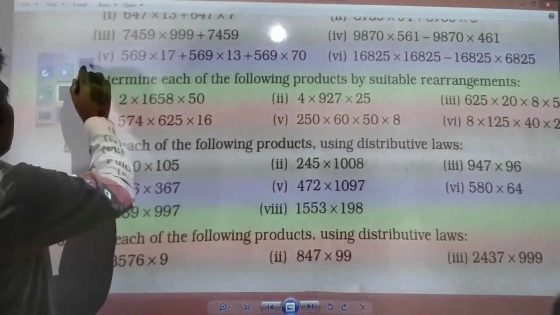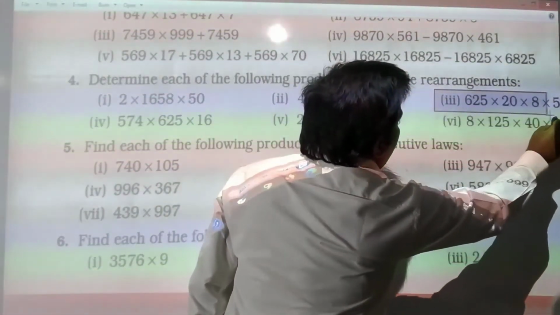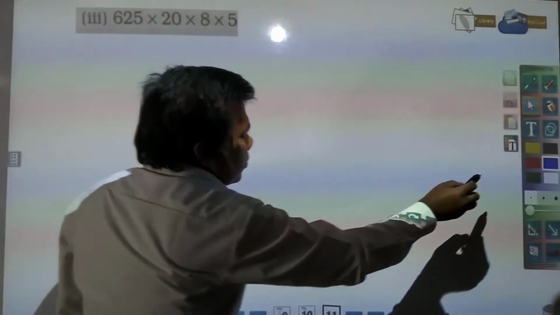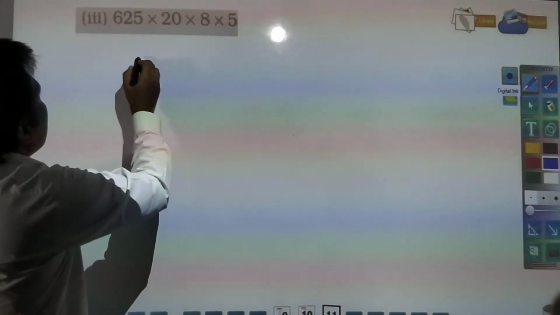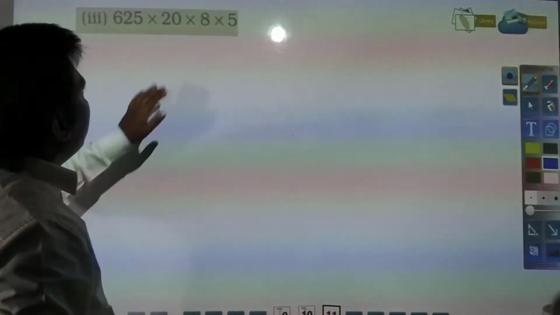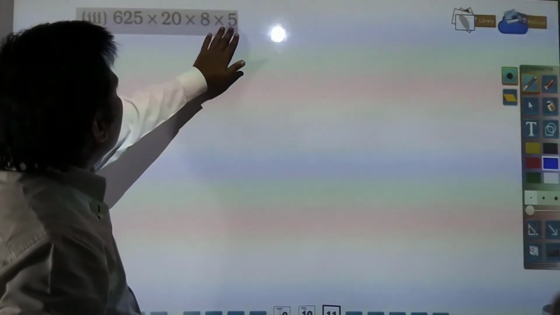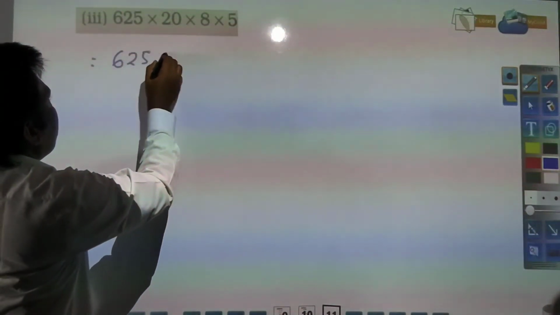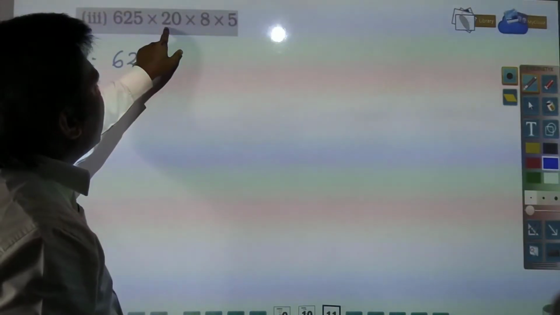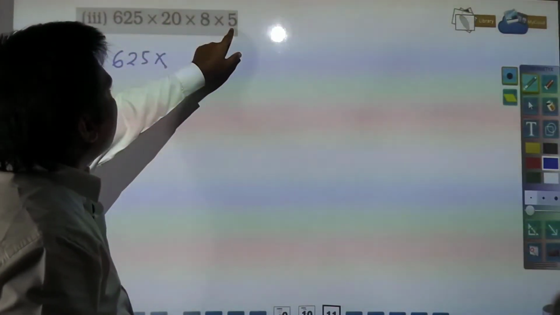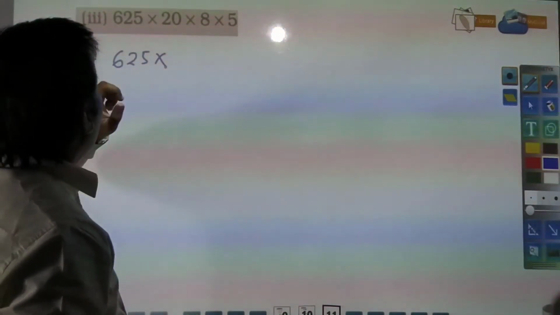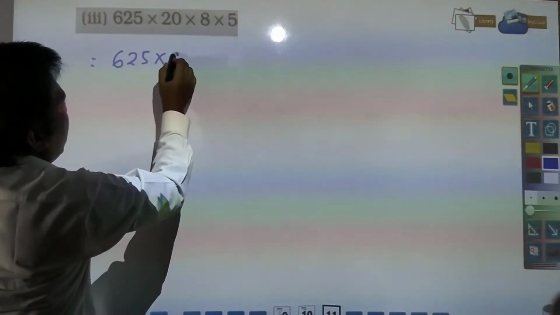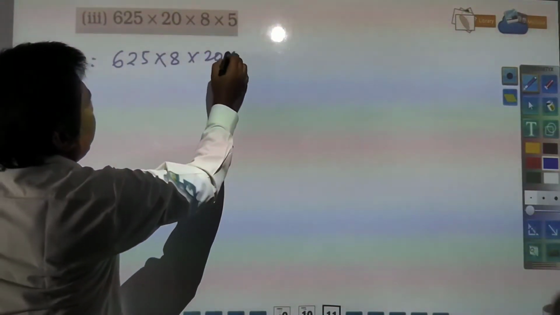So here you see, it can be done as 20 into 5, 625 into 8 into 20 into 5.